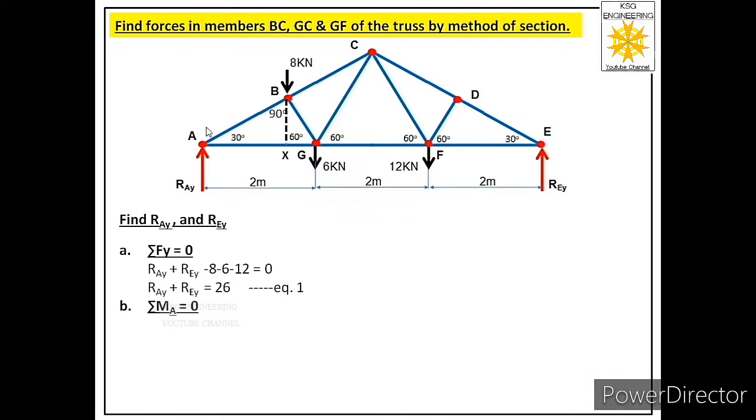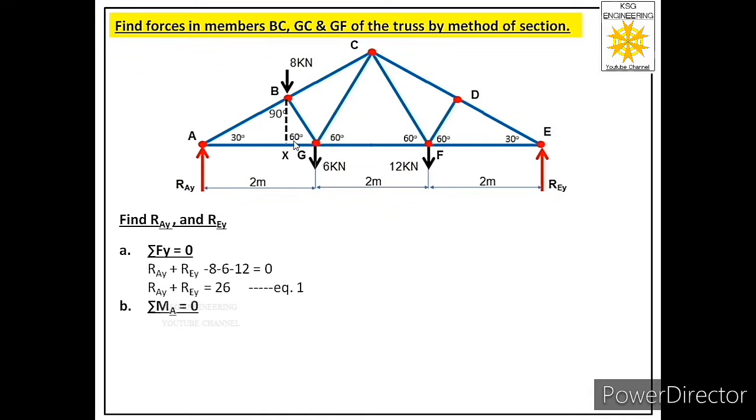So we can say in triangle ABG, sine 30 is equal to BG upon hypotenuse. Then we will get value of BG. Once we get value of BG, then we will make use of this triangle BXG and we will find this base XG through cos formula.